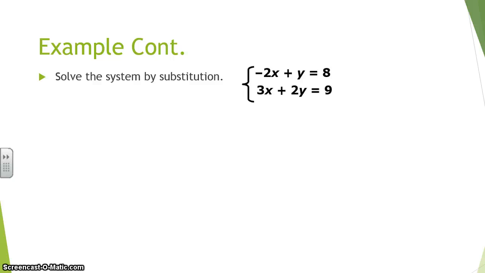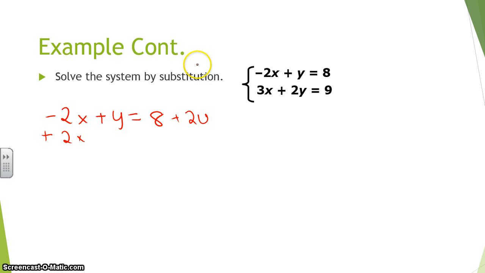Last example, very similar to the last one. Let's first solve for a variable. So let's look at my first equation. I have negative 2x plus y equals 8. I'll solve for y again, so I'll add 2x to each side.